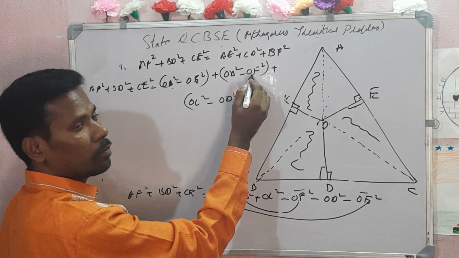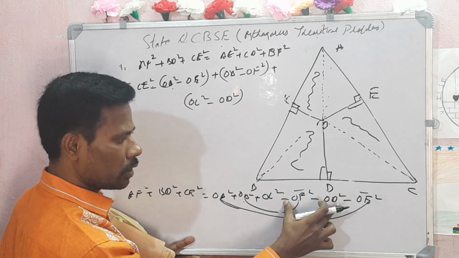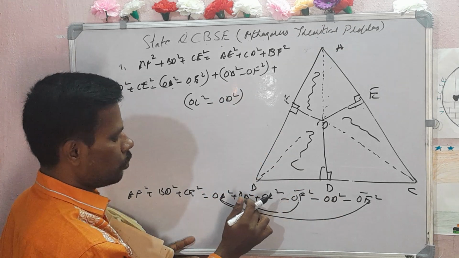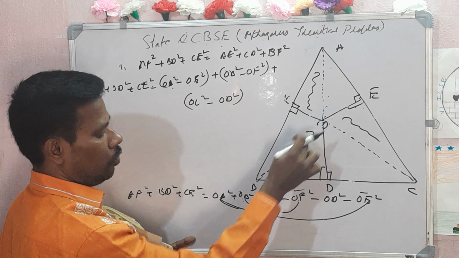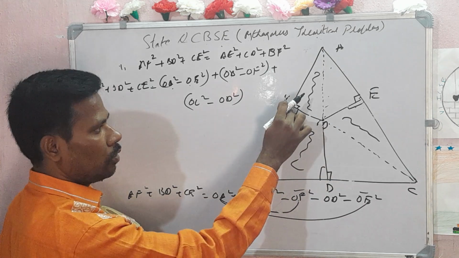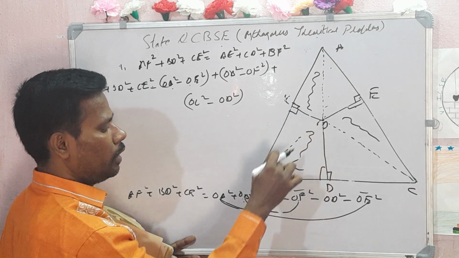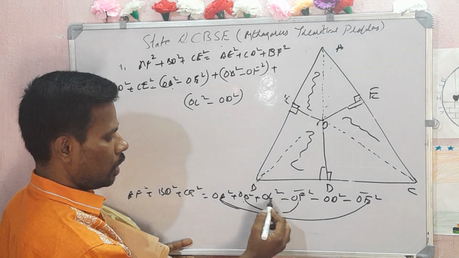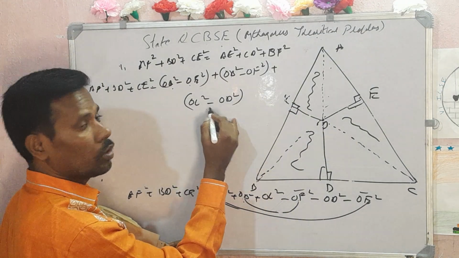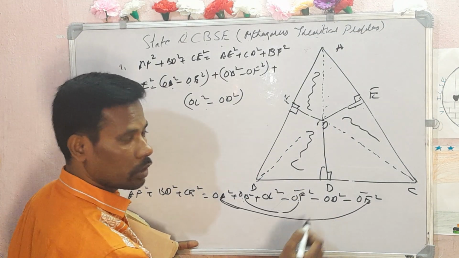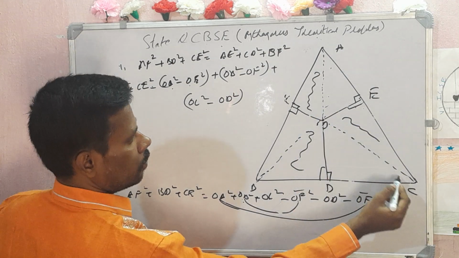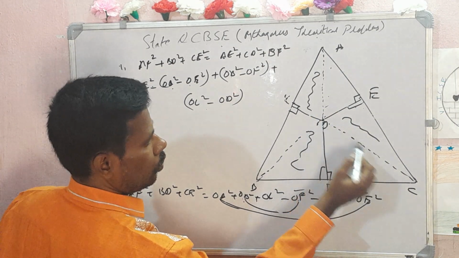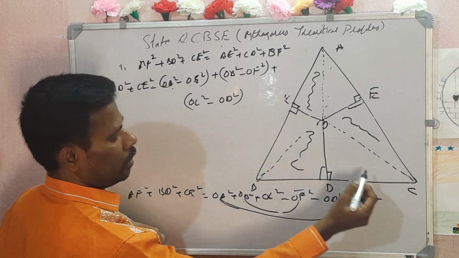Next, OB square minus OF square, from this condition only, club these two. Next, OC square minus OD square.